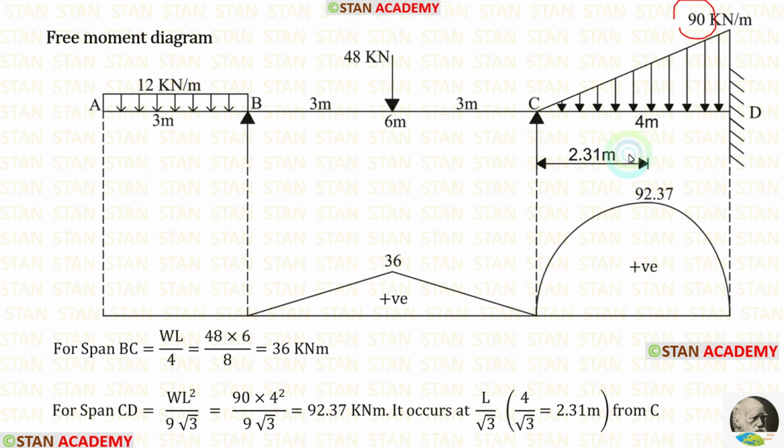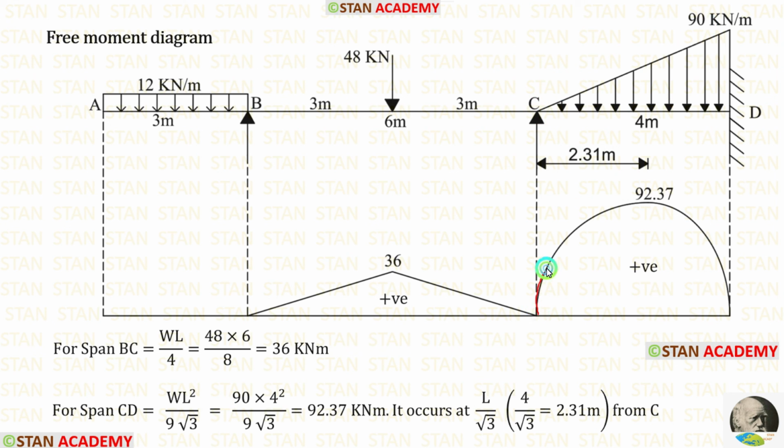W is 90, L is 4. When we apply the values inside the formula, we are getting 92.37 kilonewton meter. This maximum bending moment occurs at L upon root 3. Here L is 4, so it occurs at 2.31 meter from the point C.